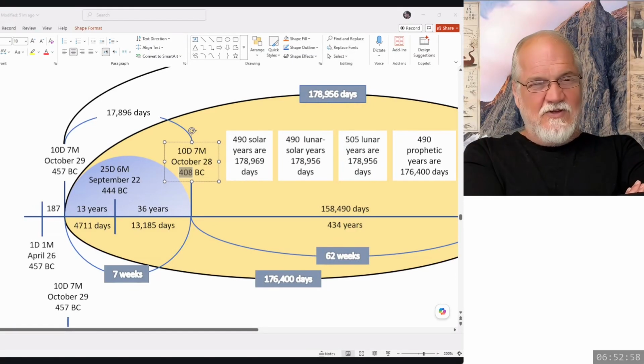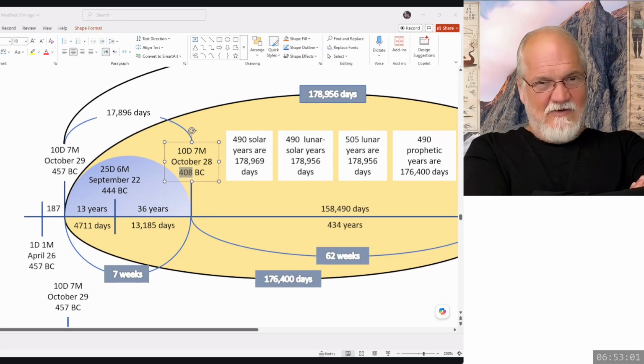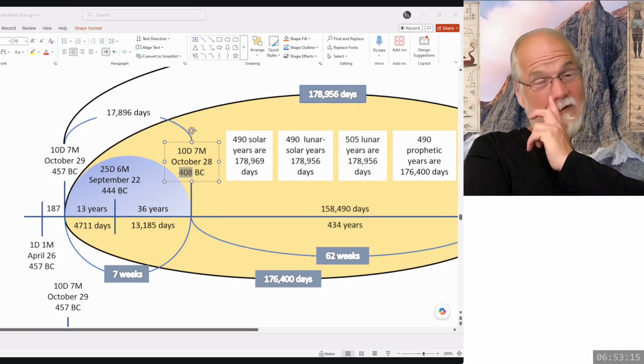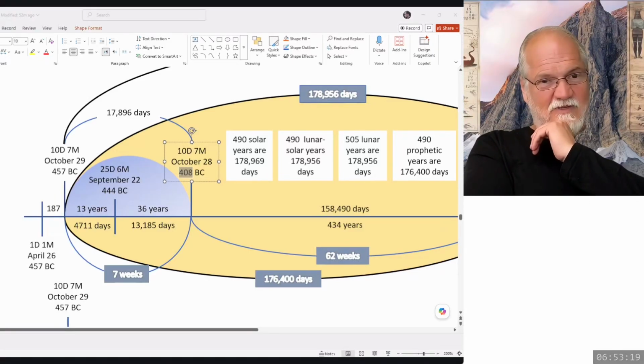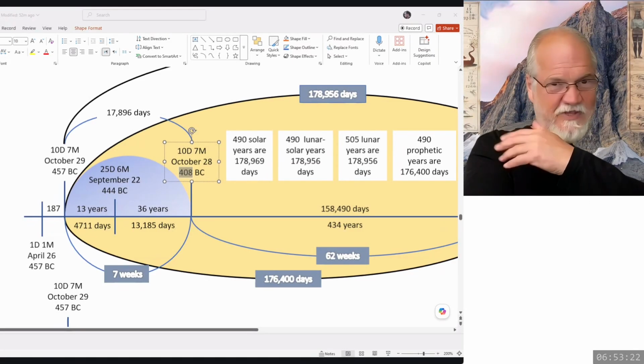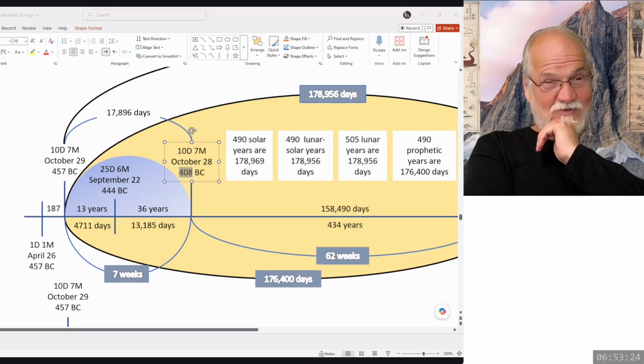Now, with 408, again, we're going to have Darius II, who is the king of Persia at that time, and he's going to continue reigning until 404. So we took 404 as a symbol and said, well, the thing you're looking for can't be found, right?